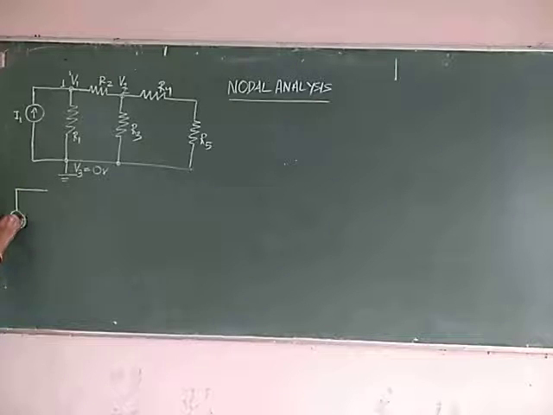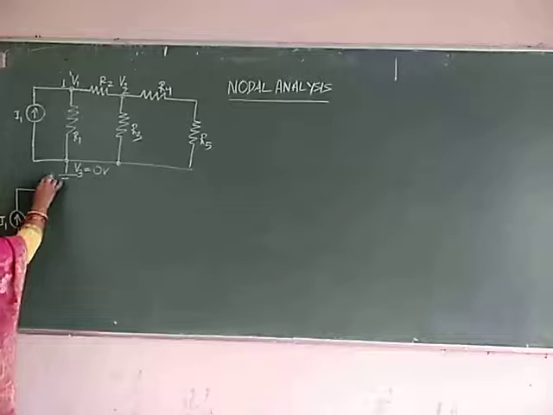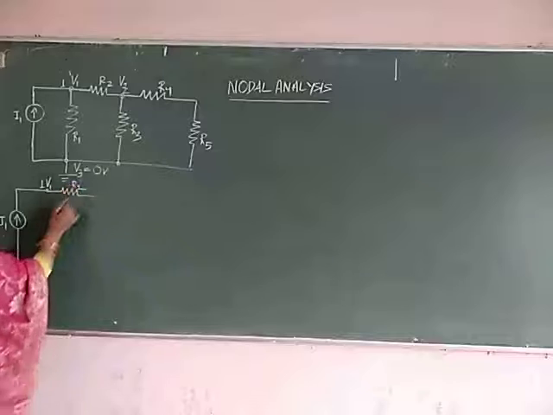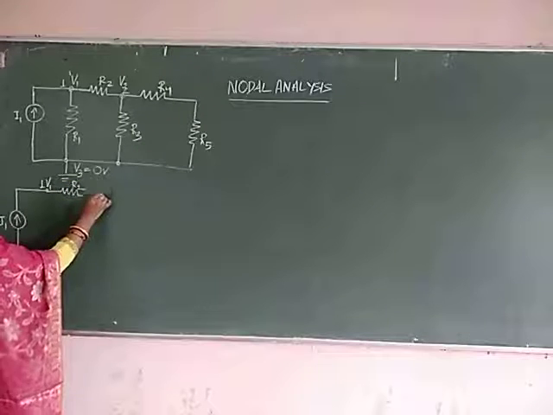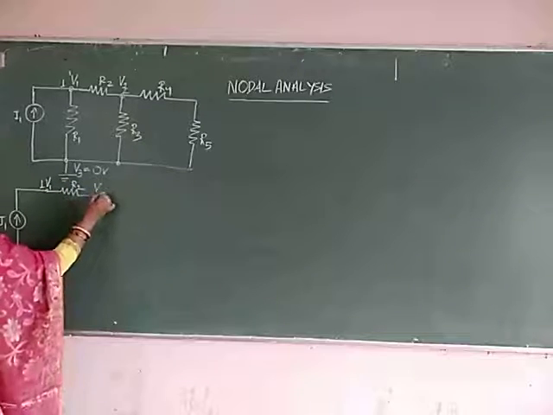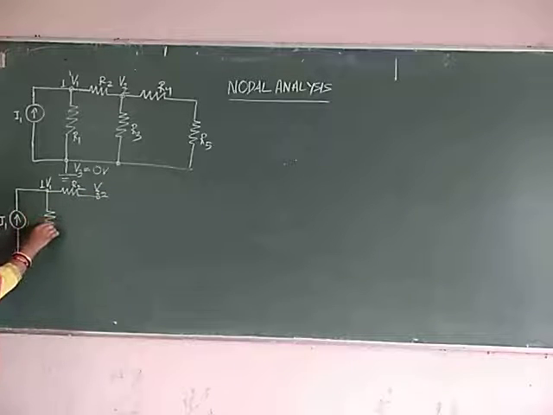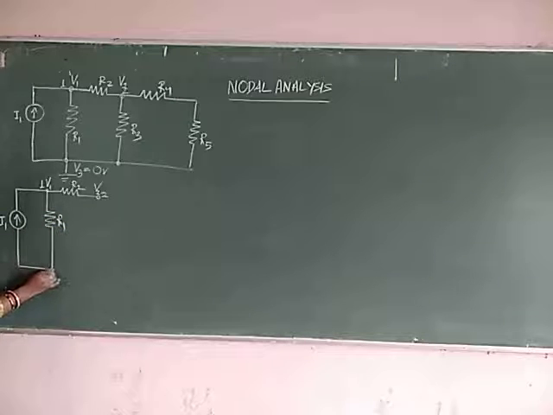Node 1, which branch is connected? The current I1, then this is node 1 where voltage is V1, then R2 branch, the resistance is R2, here node is 2 where potential is V2, then R1, this is reference node or zero potential node.